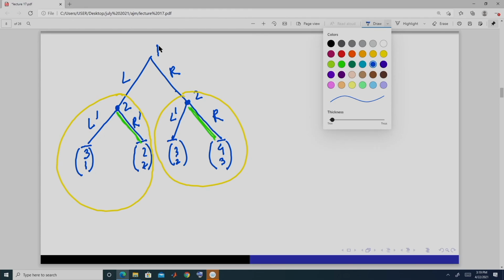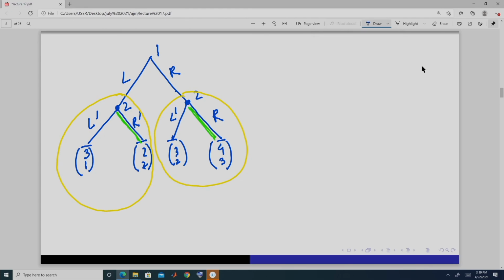So, player 1, since we are using backward induction, knows that if it chooses L, player 2 is in this node and player 2 is going to choose R. And if player 1 chooses R, player 2 is going to be in this node and it is going to choose R. So, player 1 can infer this based on this game because the information is complete.